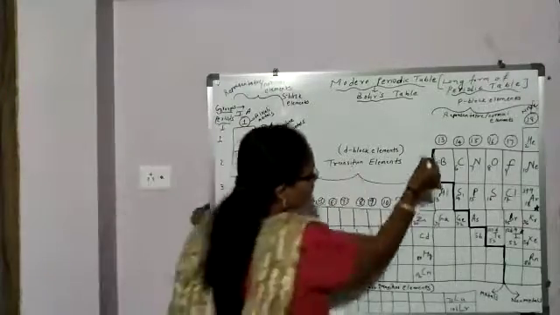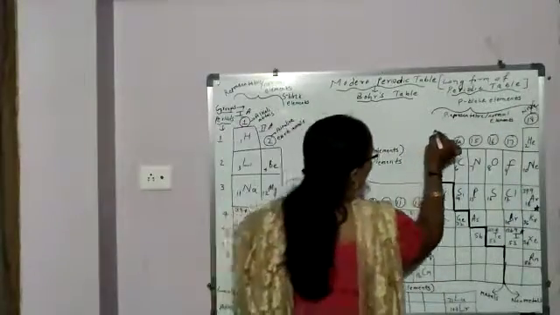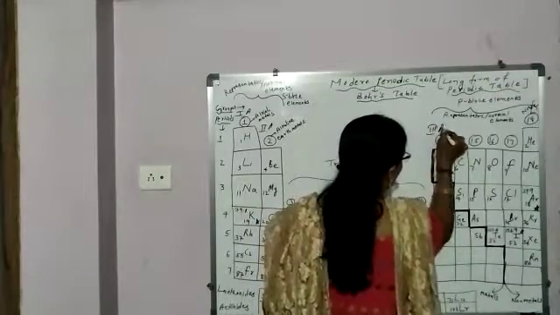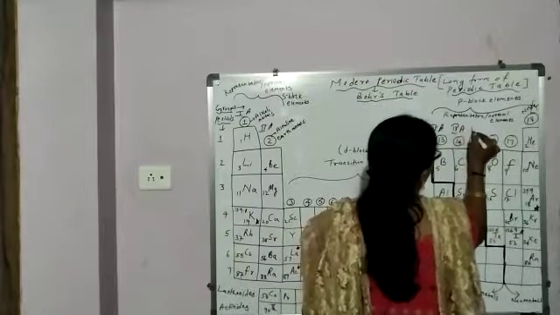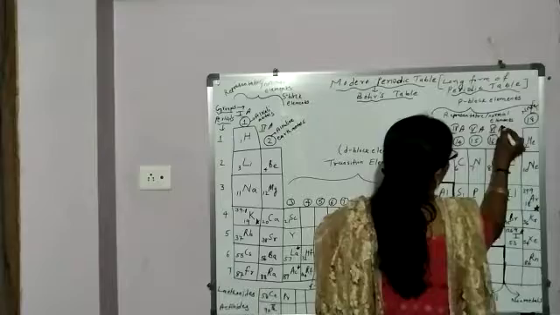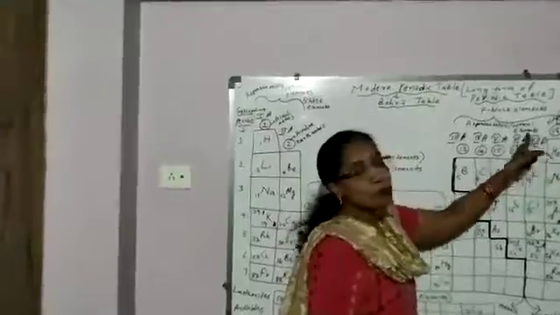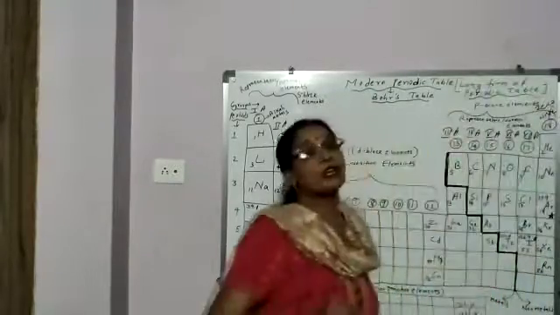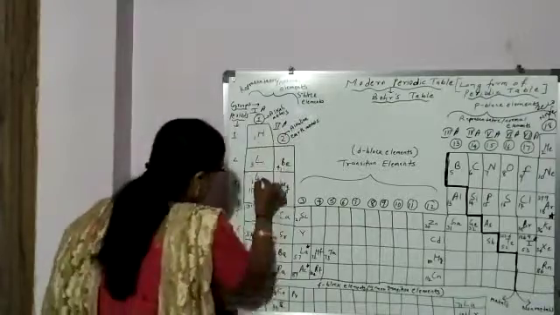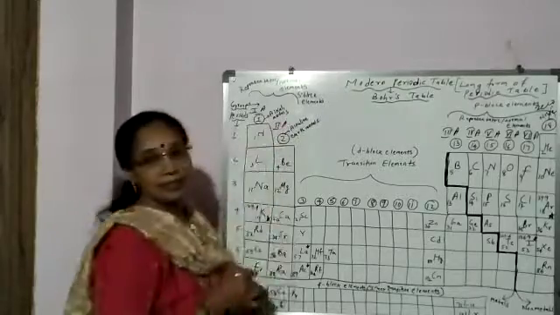Then this group 13 to 18: group 13 in the modern periodic table was 3A in Mendeleev's, then 14 was 4A, 5A, 6A, 7A which is called halogens, and now halogens are placed in group 17. And group 18 in the modern periodic table was the 0 group in Mendeleev's periodic table.